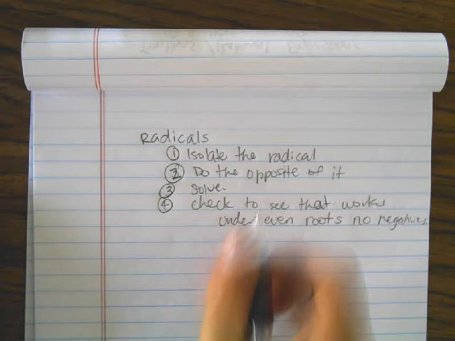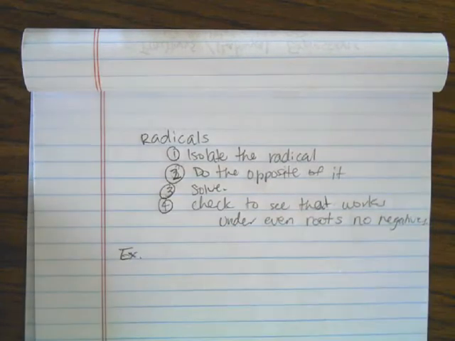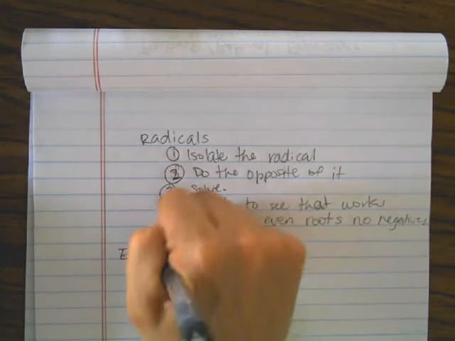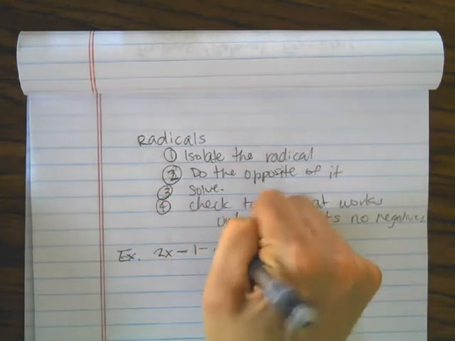So the example I'm going to look at is going to be 2x equals 1 minus square root of 2 minus x.